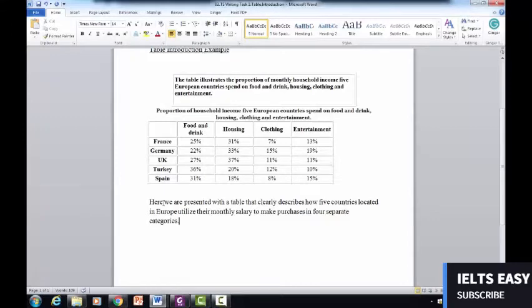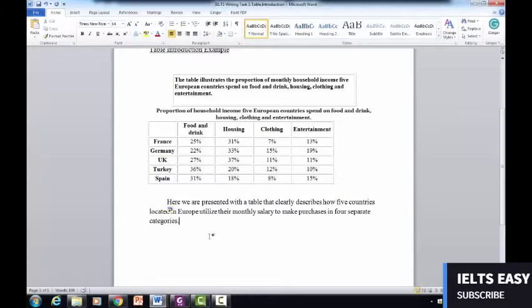All right, there we go. And of course, we want to really indent. So it says here: we are presented with a table that clearly describes how 5 countries located in Europe utilize their monthly salary to make purchases in 4 separate categories.